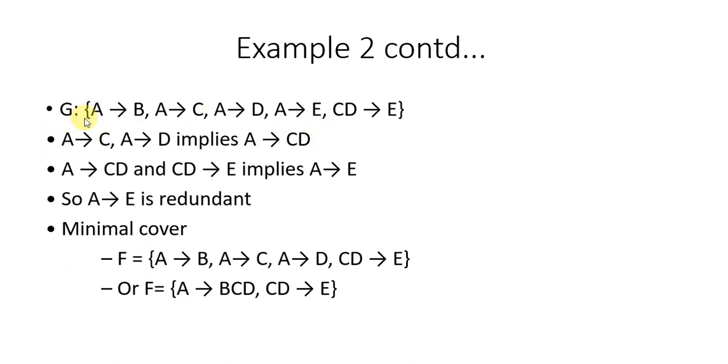Okay, A to C and A to D we can combine and form A to CD. So we have A to CD and CD to E, which implies A to E. So what will happen? We can remove this A to E from that. So A to E is redundant. So we can remove that. The minimal cover is A to B, A to C, A to D, and CD to E. Or F is equal to A to B, C, D, and CD to E.